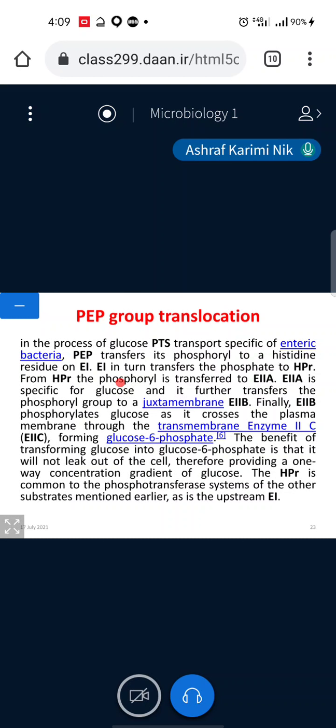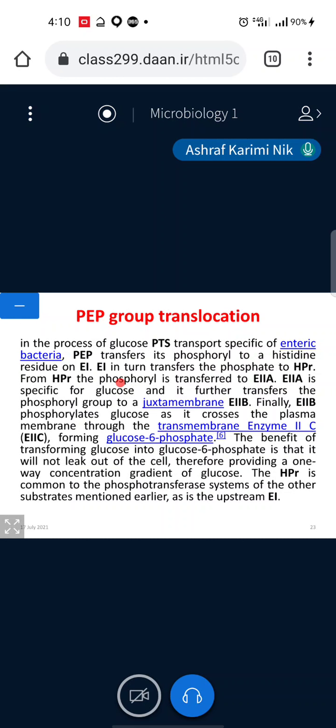PEP transfers its phosphoryl group to a histidine residue on E1. E1 in turn transfers the phosphate to HPr. HPr transfers the phosphoryl group to E2A. E2A is specific for glucose, and it further transfers the phosphoryl group to juxtamembrane E2B.